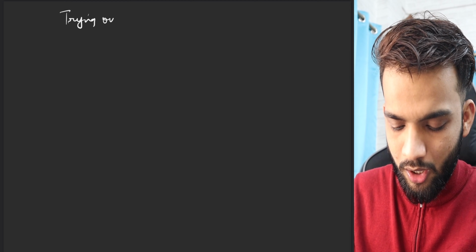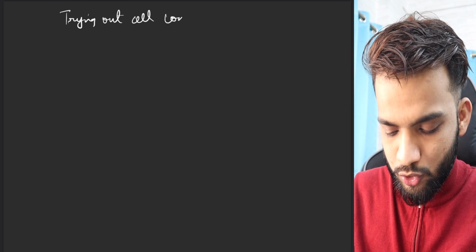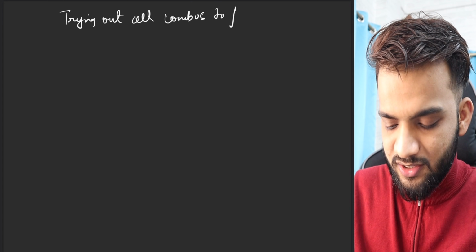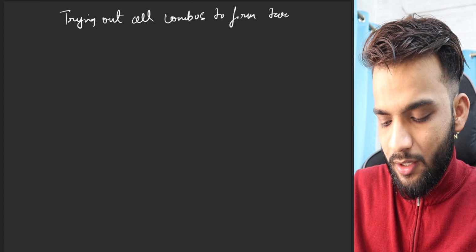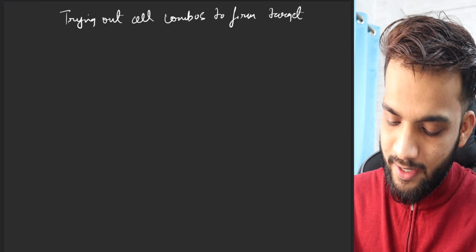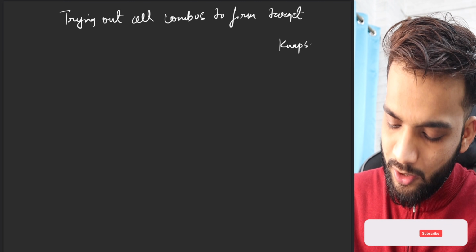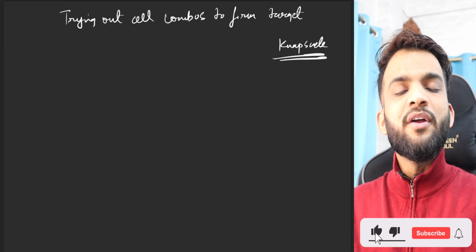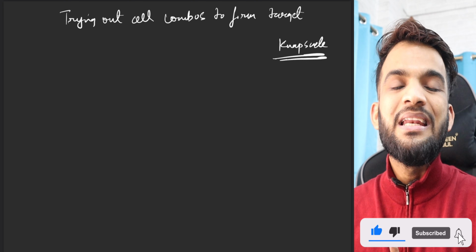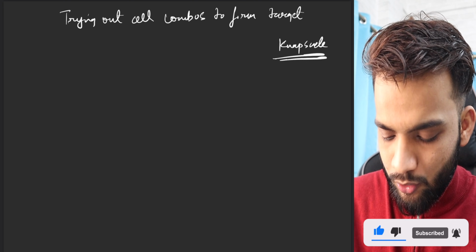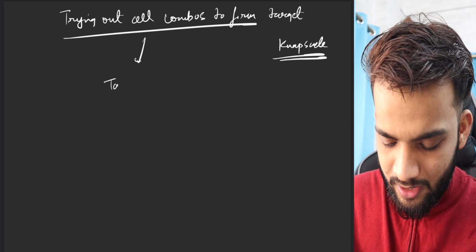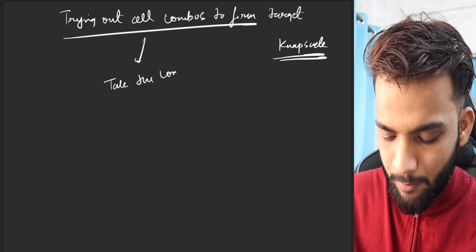And that's when we think of what? Trying out all combos to form the target. And this is something which we have done in which problem? Knapsack. Over there we had to figure out the maximum value. Over here we have to figure out the minimum count, right? So try out all the combos and take the combo that has minimum coins.